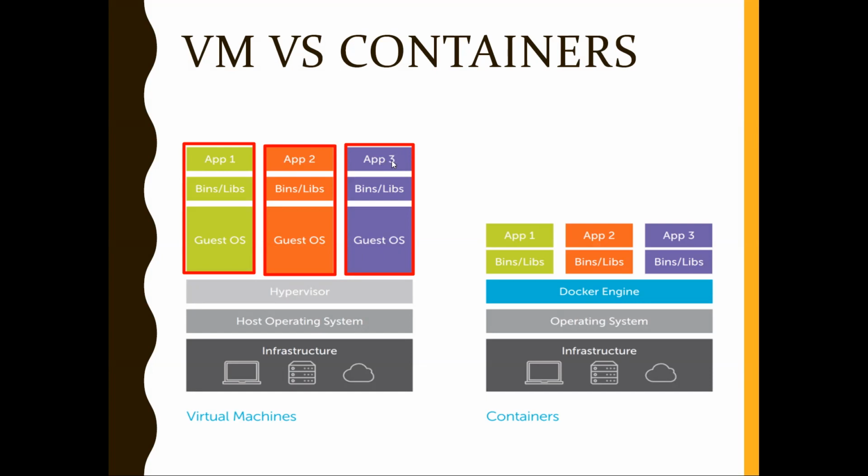Above that is your application, the gaming app or whatever it is, and the binaries and libraries of the dependencies for this app. Let's say you need Java, you need Tomcat for deploying this app, so you have all the binaries and libraries of those dependencies.